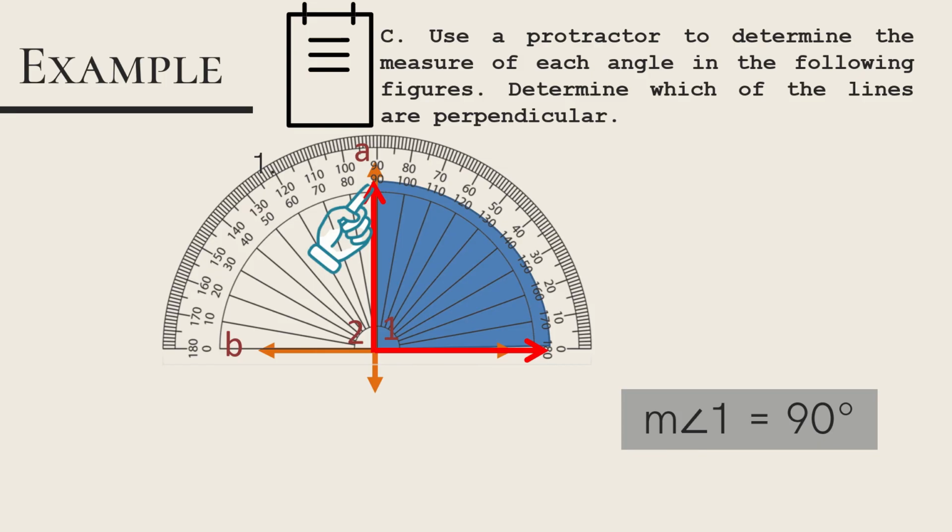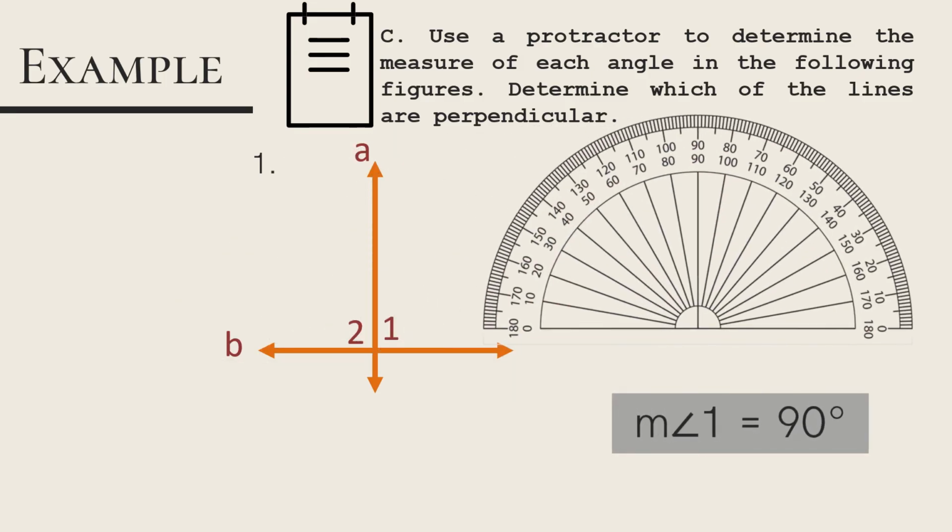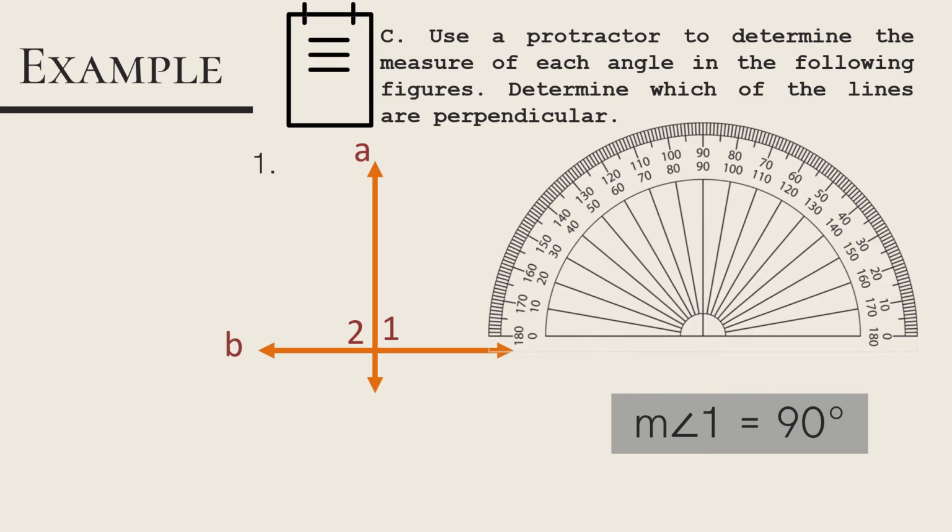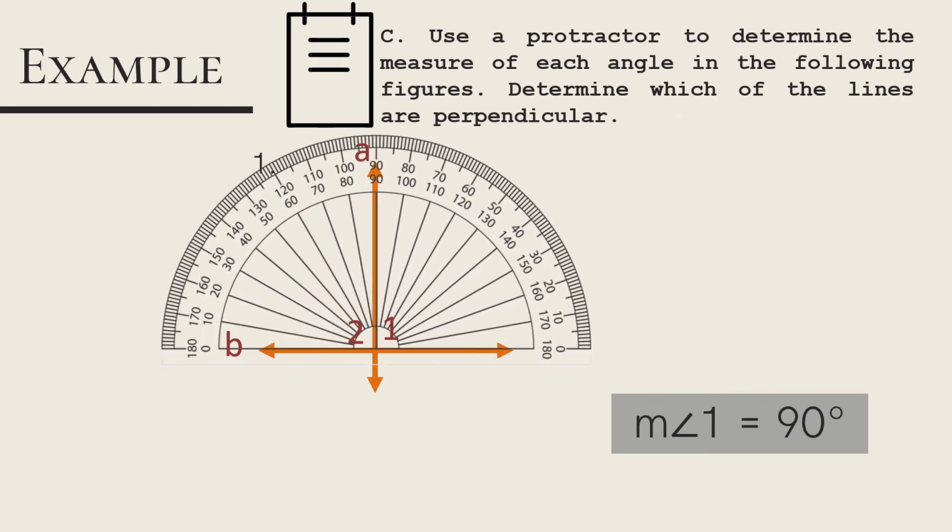Now let us measure the other angle, angle 2. Again, to measure angle 2, we have to place the midpoint of the protractor on the vertex of the angle. Then line up one side of the angle with the zero line of the protractor. So for this, counting again from 0 degrees, we have the measure of angle 2, which is also equal to 90 degrees.